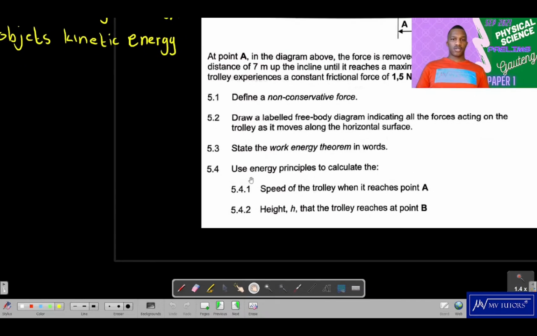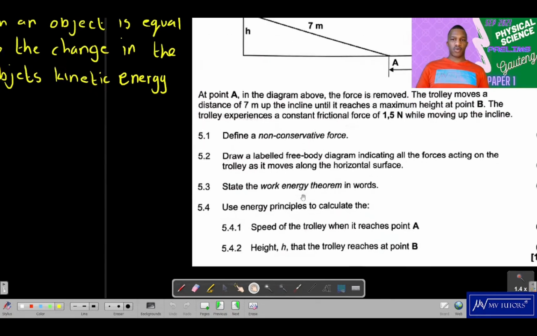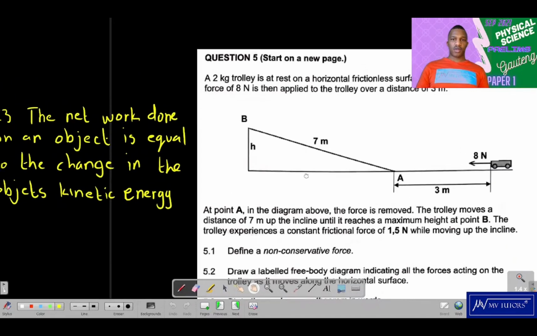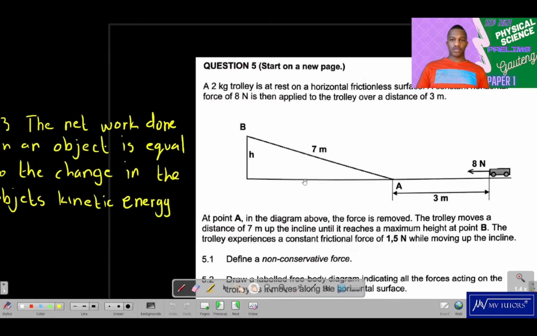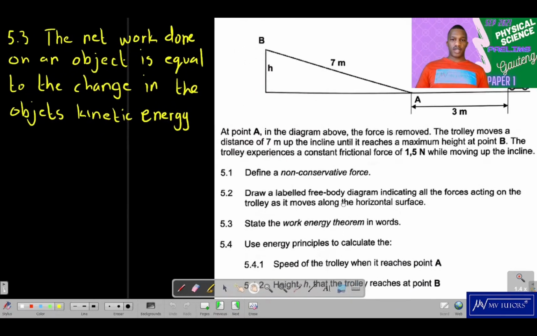It says use energy principles to calculate the speed of the trolley when it reaches point A. Remember I said to you there are different formulas to be used. At this point we'll use a particular formula.